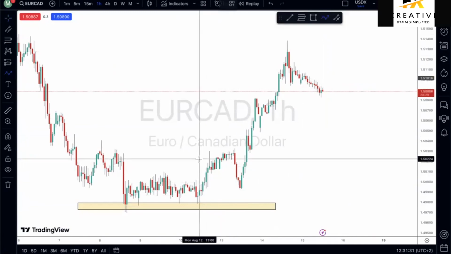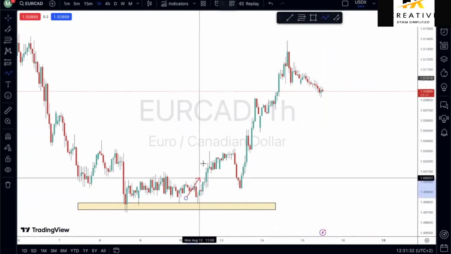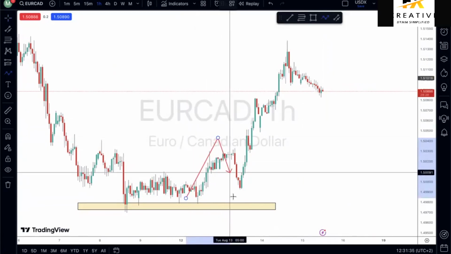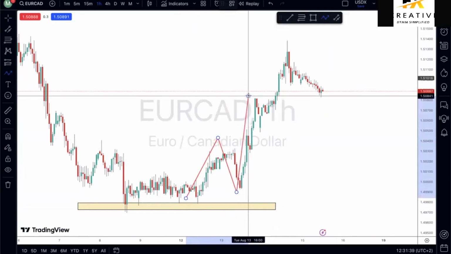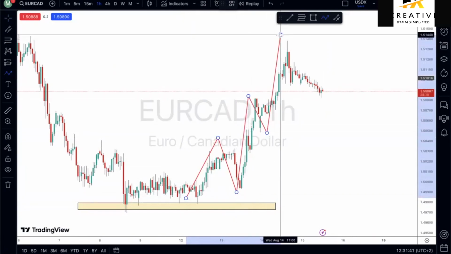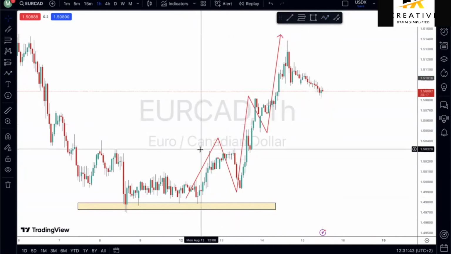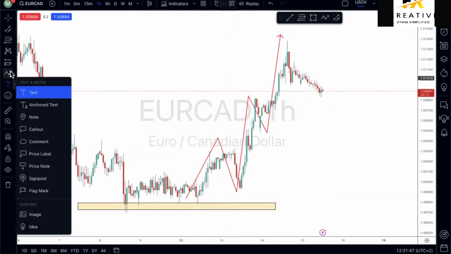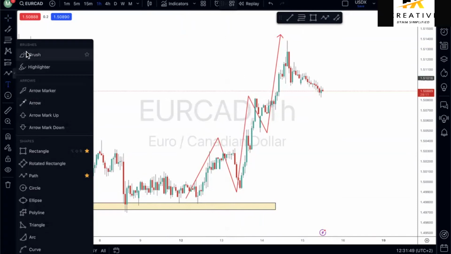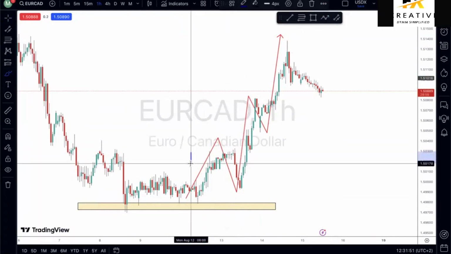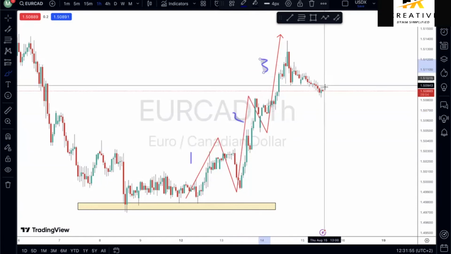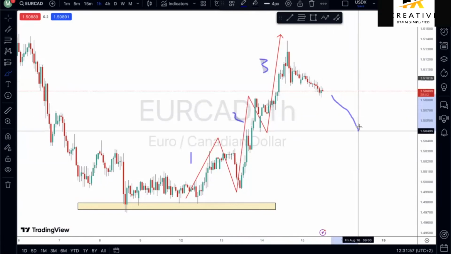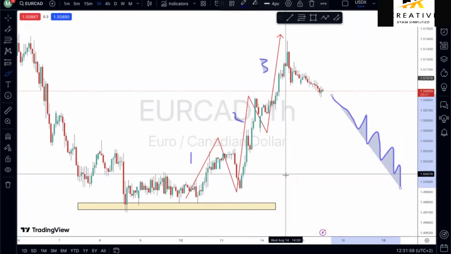Now, here's the mistake that some of you make. Some of you see the move away from the peak, back into the same zone, and away, back and away, and then you say, this is my level 1, this is my level 2, and now this is my level 3, and I want the market to sell going down.